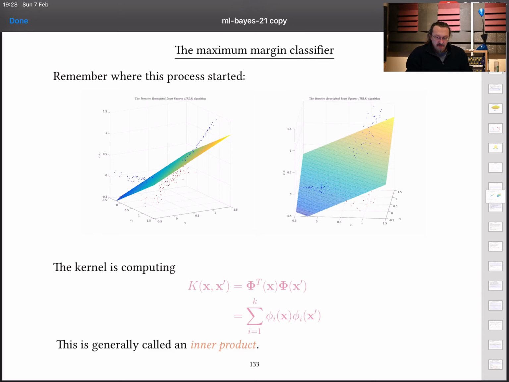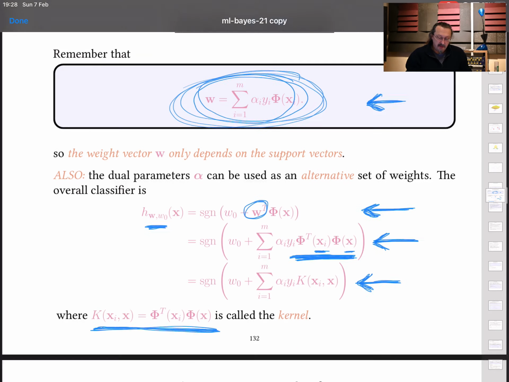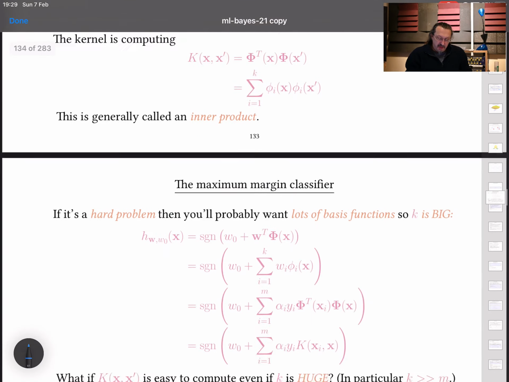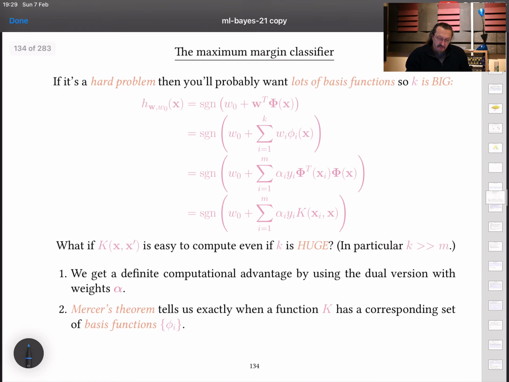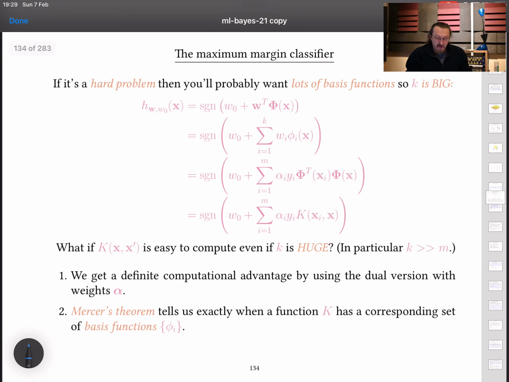Now that's turned out to be quite fundamental, because the entire structure of the maximum margin classifier ends up having quite a nice expression in terms of inner products within that space. And we can draw out a practical consequence of this fact.